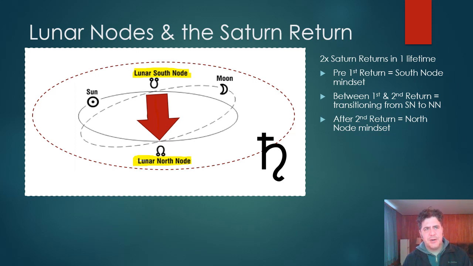When you look at someone and they seem not to be maturing, that's usually them acting out their south node mindset. And when someone feels like they've become wise, it's that they've grown into that north node mindset. And Saturn is the timekeeper for that transition.